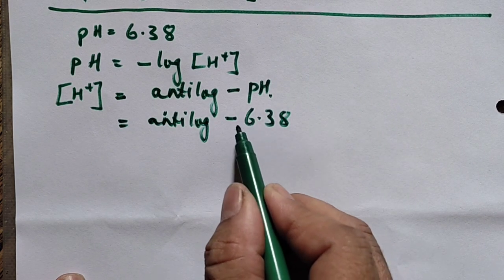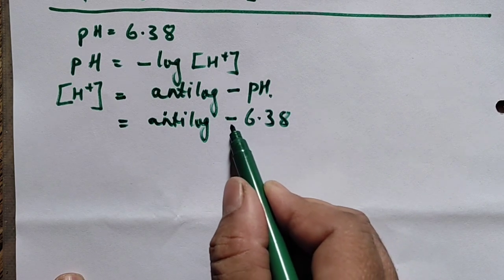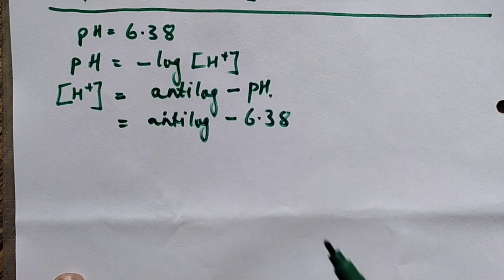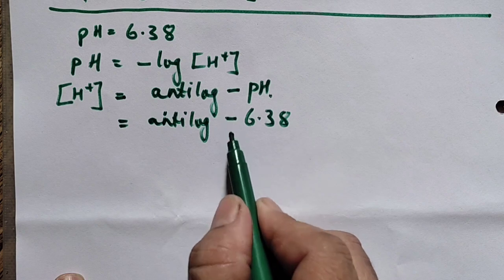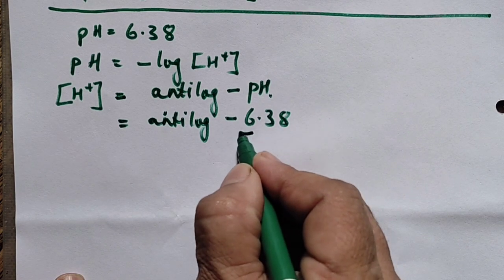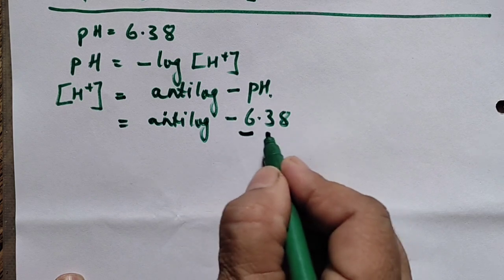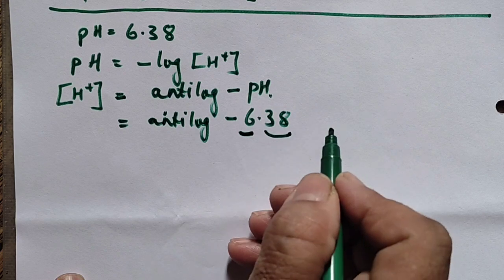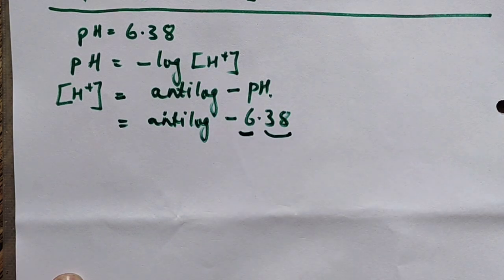Whenever, children, you are calculating the anti-log of some value which is negative, the steps are different. Suppose it was just a positive value. Then the part in the front is called the characteristic, and the part after the decimal is called the mantissa. For the mantissa, you look in the anti-log column, and the characteristic goes as the power of 10.